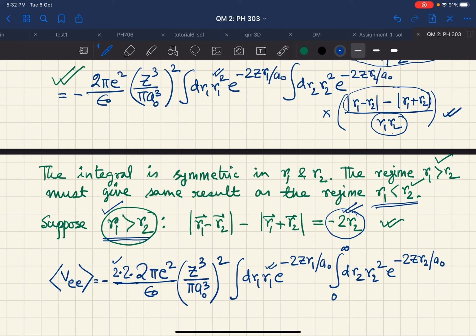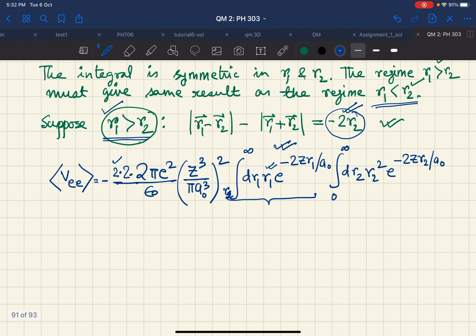But once R2 runs from 0 to infinity, I know that R1 is greater than R2. So the limit on the R1 integral should actually be from R2 to infinity, because R1 is greater than R2. Therefore, I have to first do this R1 integral. So let us do that.